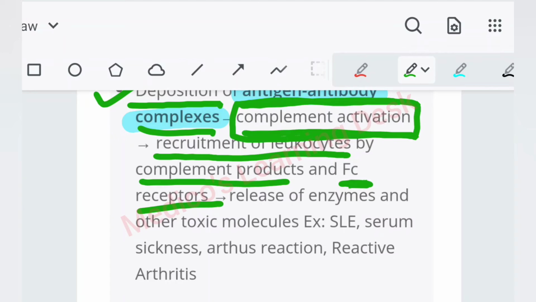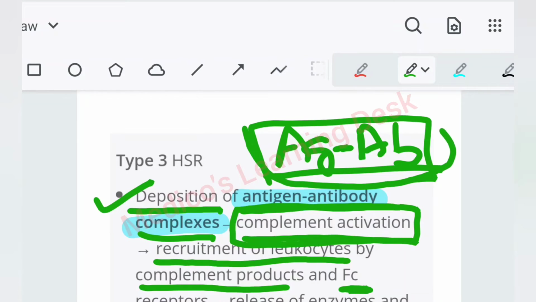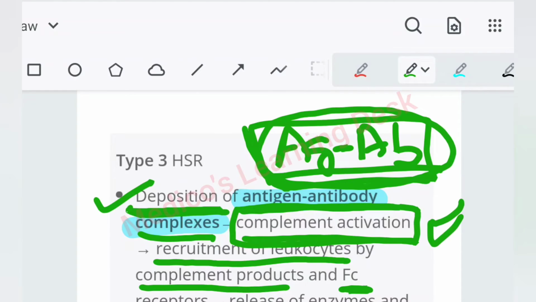So there will be release of enzymes and other toxic molecules. So it's mainly the immune complex deposition that will happen, which will further lead to complement activation and other things.